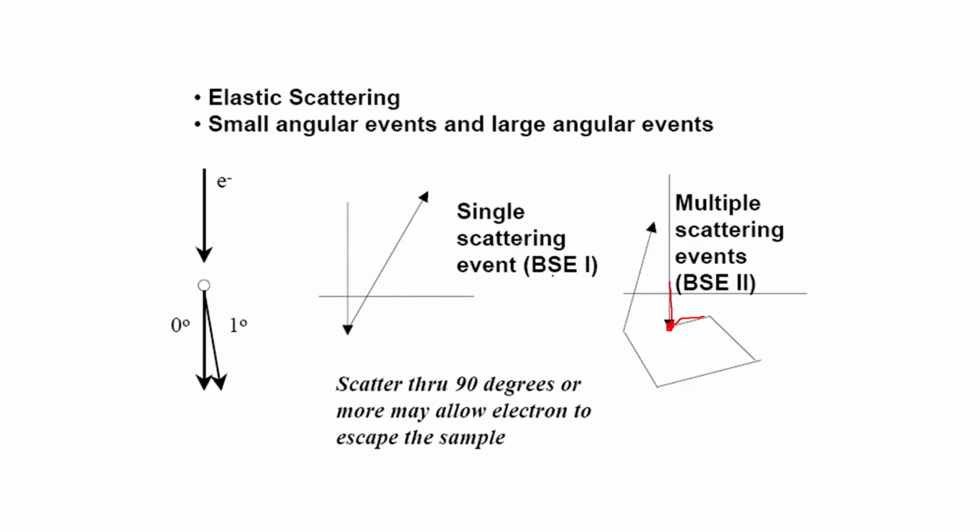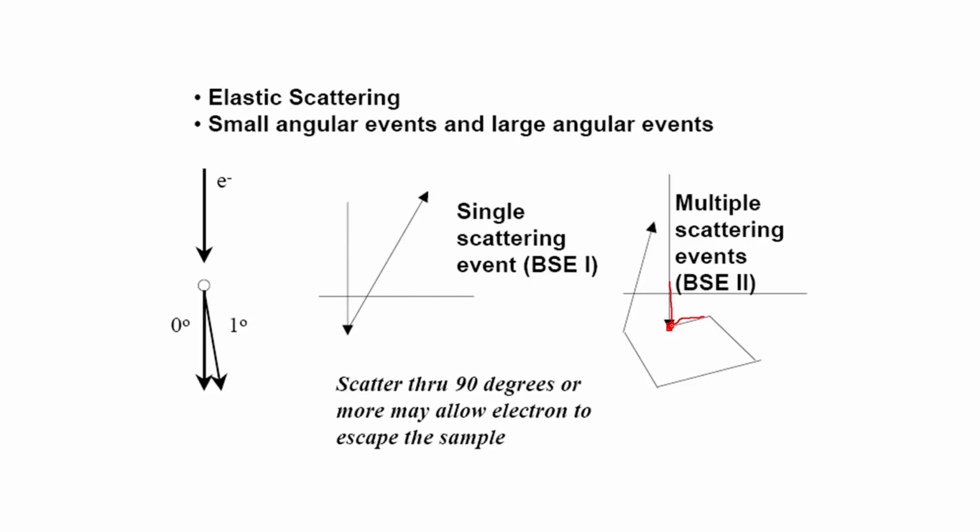This backscattered electron 1 needs to come directly from the incoming radiation, whereas this BSE2 can have multiple scatterings within the specimen itself, and then the electron is emitted out. So this is the BSE2.